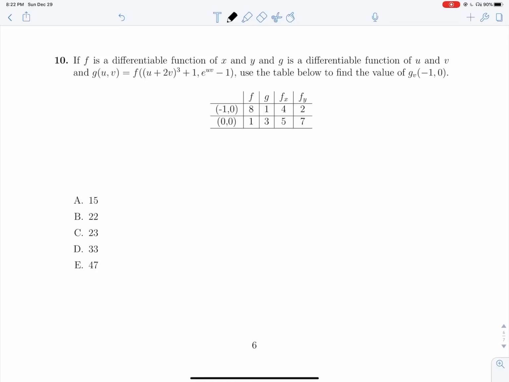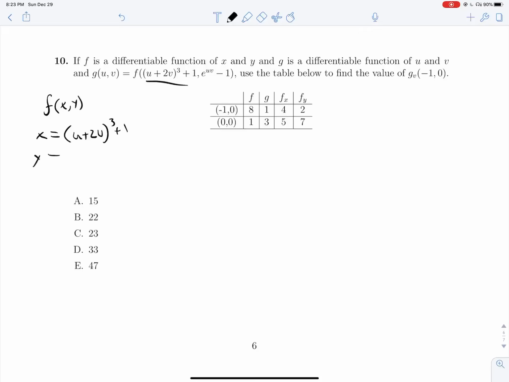We can kind of rewrite this nicely as f is a function of x and y, where x is equal to this x term up here, so u plus 2v cubed plus 1, and y is e to the uv minus 1.